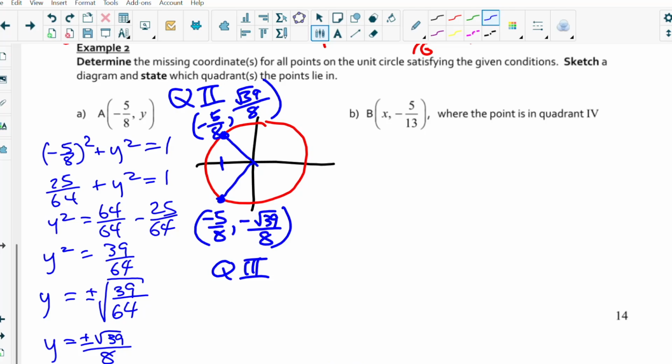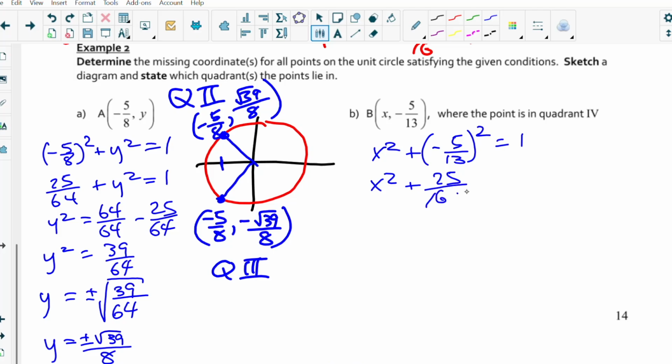Okay, letter B. I have a point x, comma, negative 5/13 where the point is in quadrant 4. Now I'm telling you which quadrant it is in. I just need the coordinates. Okay, so I have x squared plus negative 5/13 squared equals 1.